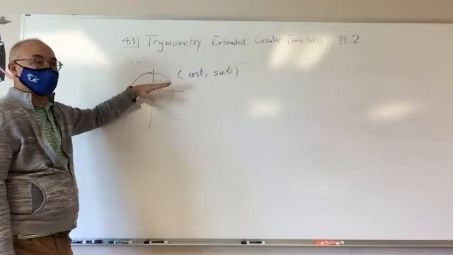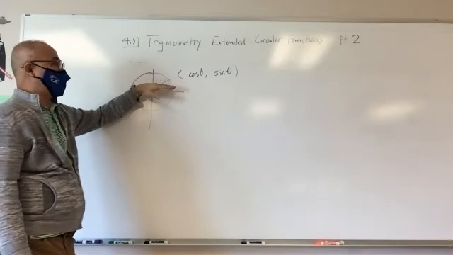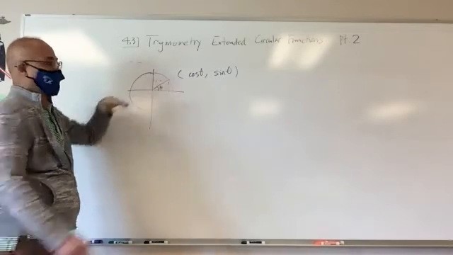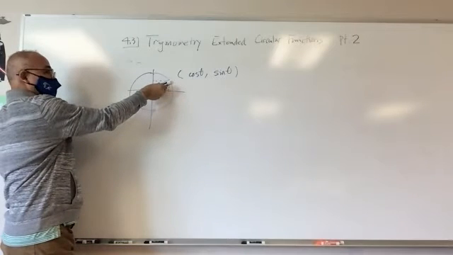Now the 30, or the pi over 6, let's look at the y value. The first value of interest I'm going to hit is pi over 6, whose sine value is 1/2.